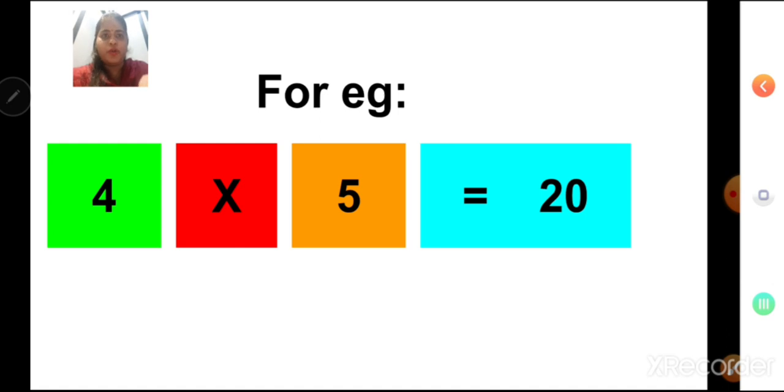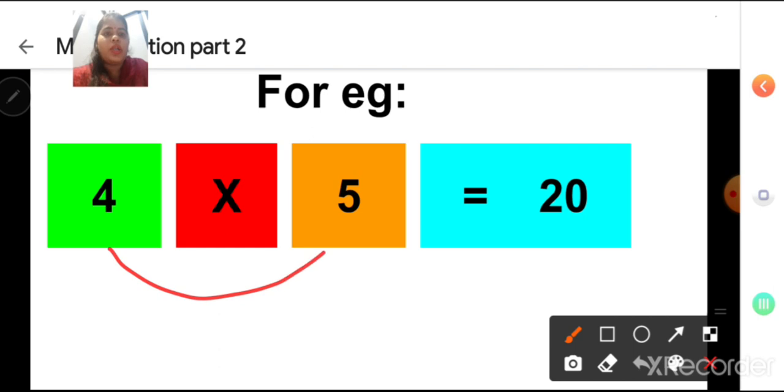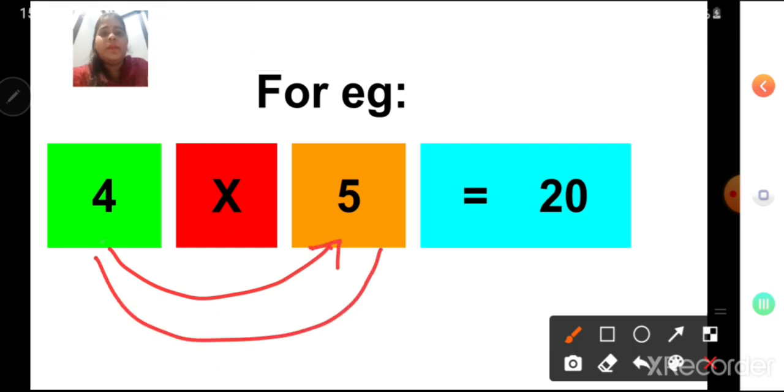Here number 4 is the multiplicand, number 5 is the multiplier. If I change the order of the numbers, so that number 5 becomes the multiplicand and number 4 the multiplier, then also the product, the answer, is the same, correct?